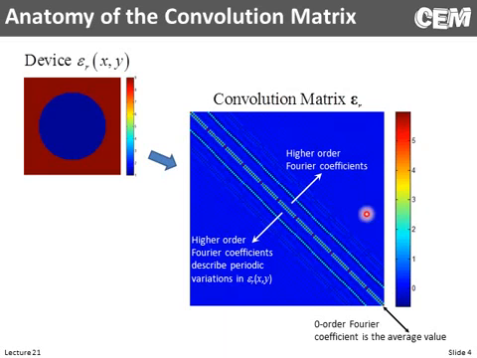Now as we go off the diagonal, these are the higher order Fourier coefficients. And so the more modulation there is in the dielectric function, the more numbers we expect to see off of the diagonal. But the important thing is that center diagonal is the 0 order Fourier coefficient and is the mean value of the dielectric function.